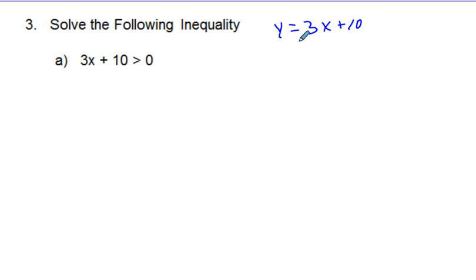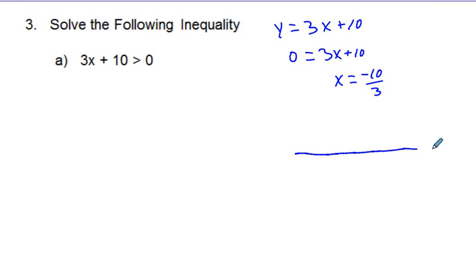Well, if we wrote this as 0 equals 3x plus 10 to find the x-intercept, we would have x is equal to negative 10 thirds.